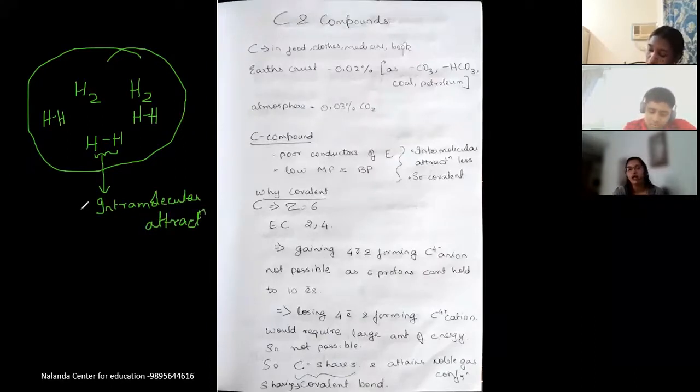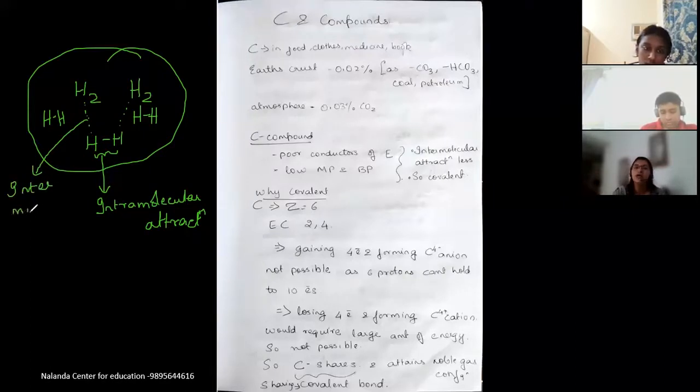But between the molecules, there will be a weak attraction. The attraction between molecules is known as intermolecular attraction. This is very weak, and the intramolecular one is very strong.